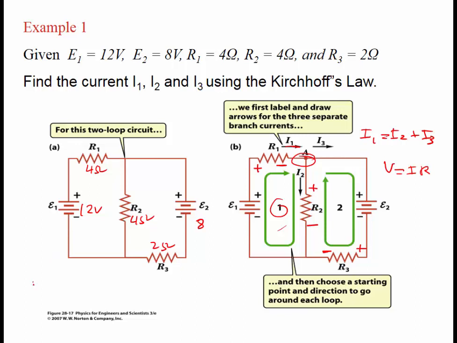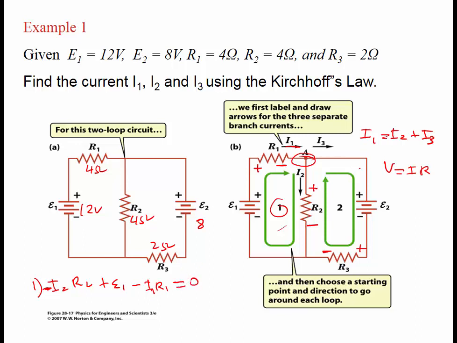If we label that as loop number 1, the voltage across R2 will be I2 times R2, and since we're going from plus to minus, it will be a negative value. So it's going to be a negative voltage to begin with. And then we add plus E1, so that voltage is positive. And then we subtract the voltage across R1, which is I1 times R1, and that equals 0.